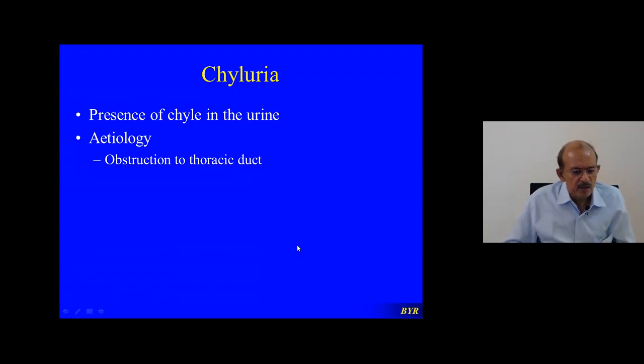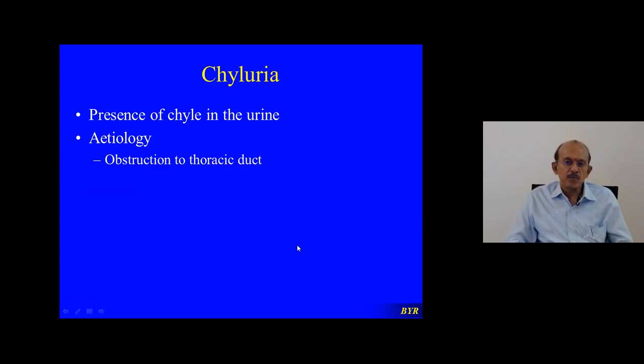Very good, Sandy. You are right. Chyle is a type of lymph. The lymph is there in every tissue. The lymphatics drain the lymph from the tissues. Similarly, the lymphatics drain the small intestine.